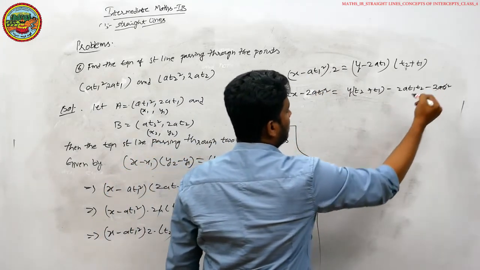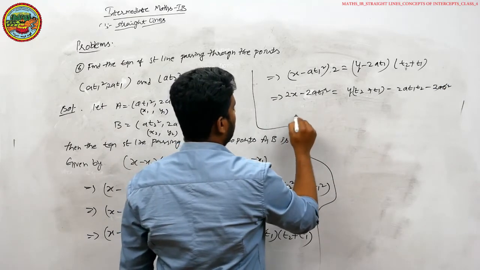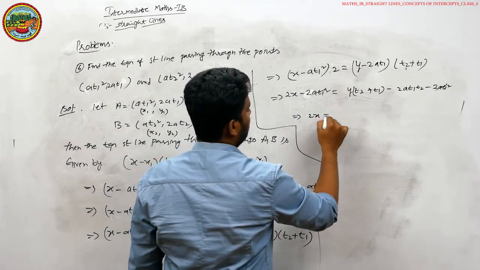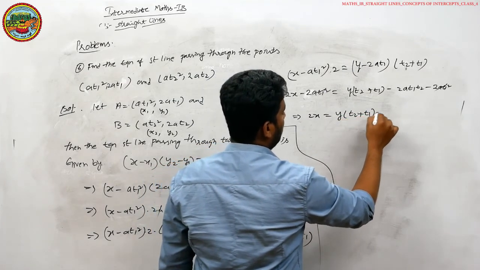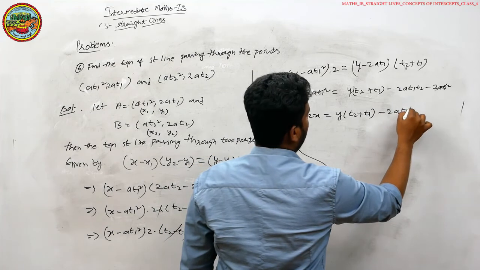Here minus 2a t1 square and minus 2a t1 square both get cancelled, therefore the remaining is 2x is equal to y into t2 plus t1 minus 2a t1 into t2.